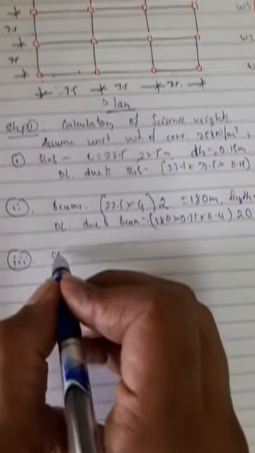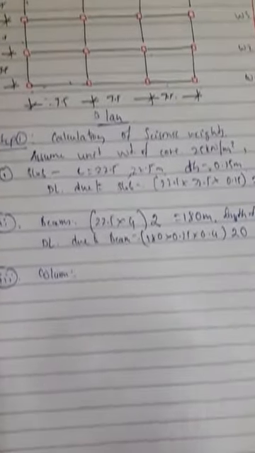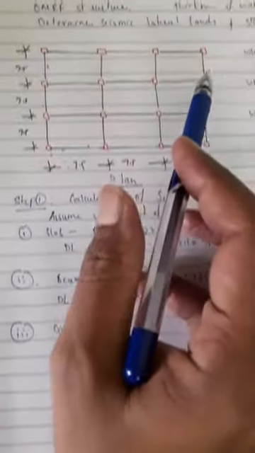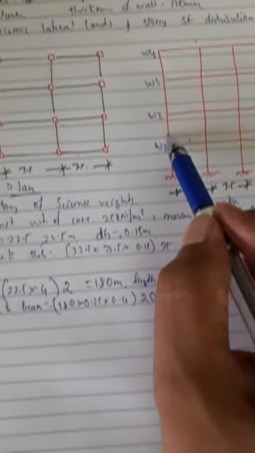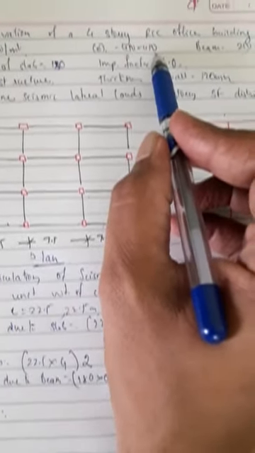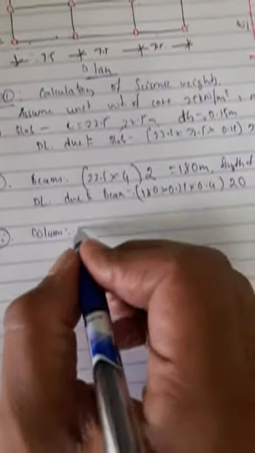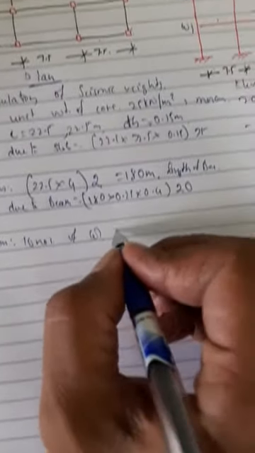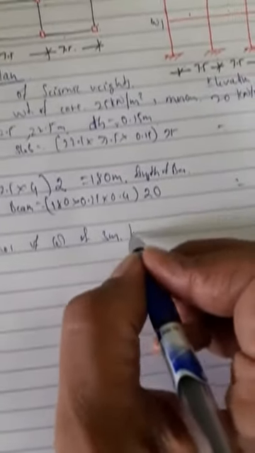Third point, for the columns. Total there are 16 columns: 1, 2, 3, 4, 4 into 4, 16 columns. Height of each column is 3 meters and its dimension is given as 450 by 450. First I will find the total height of the columns: 16 columns of 3 meter height.